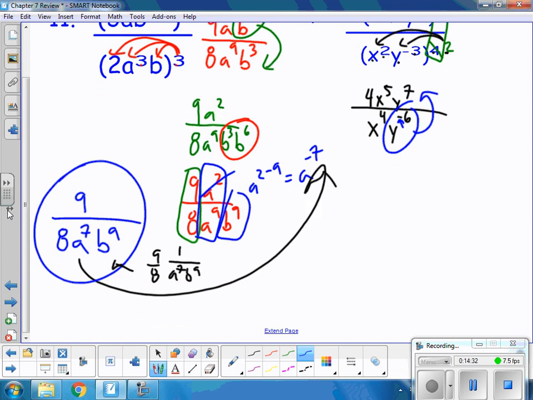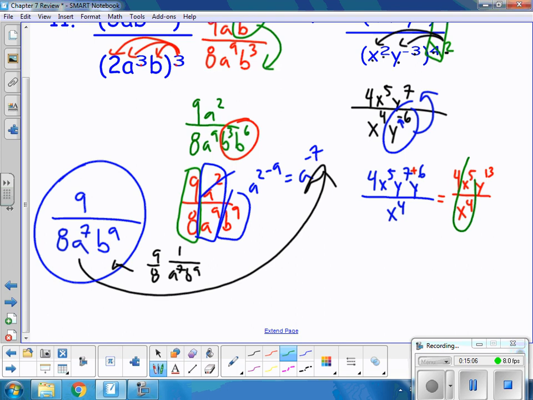It kind of shifts directions, so let me rewrite it. 4x to the 5th, y to the 7th, that's what my numerator was, but my y to the negative 6th comes up to the top. I'm left with x to the 4th at the bottom. I can simplify this out to 4x to the 5th, y to, I can add these two together, end up with y to the 13th over x to the 4th.